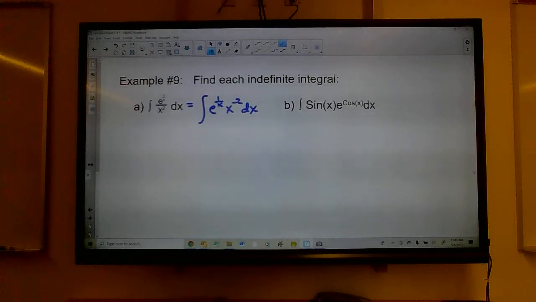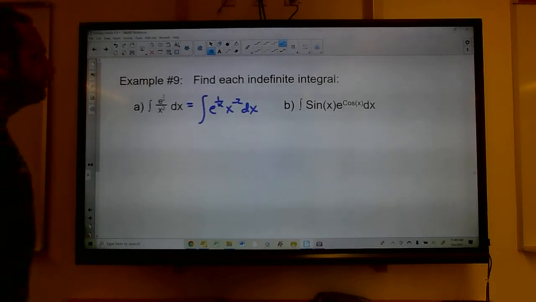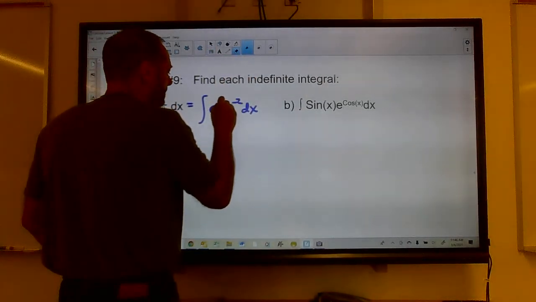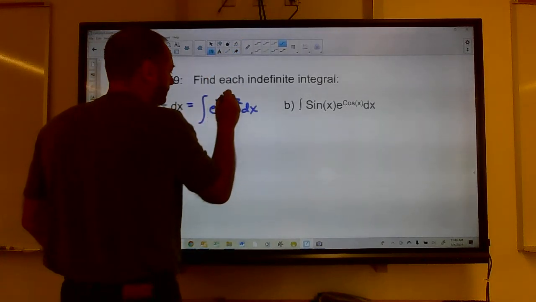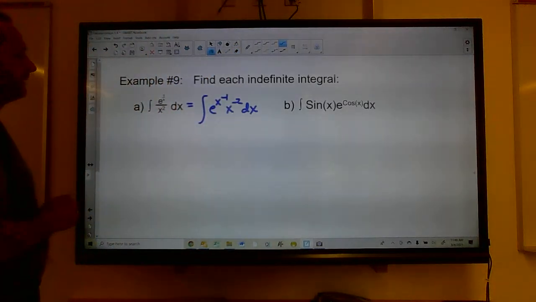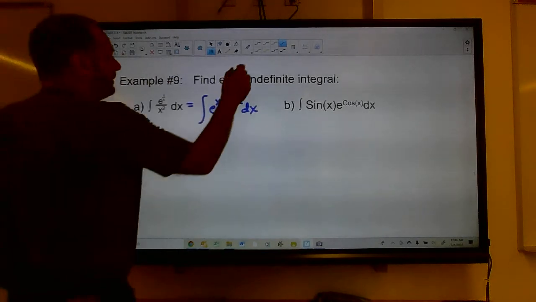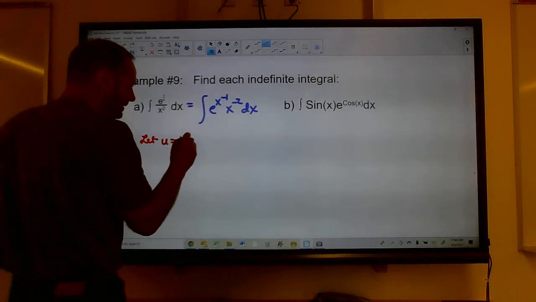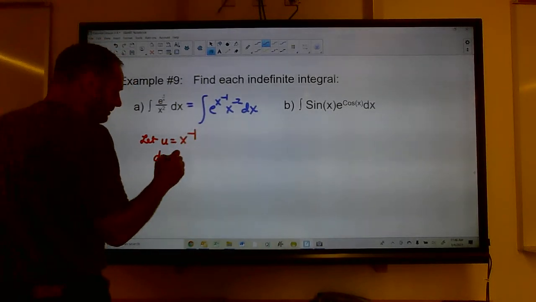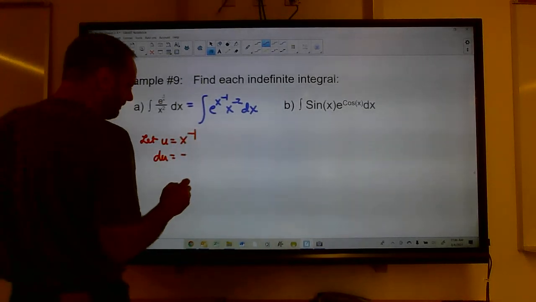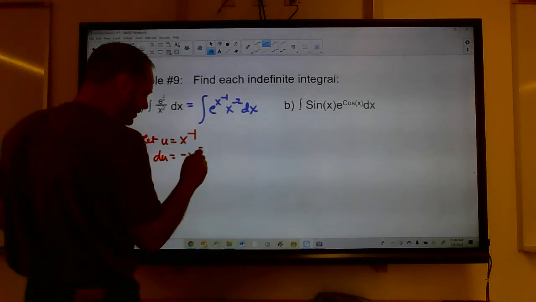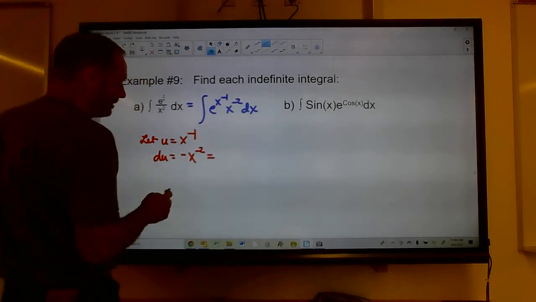So if we let u equal 1, let's see here. Let's change this too. We're going to make this x to the negative 1. Okay. So if we let u equal x to the negative 1, then du is negative 1 x to the negative 2 dx.